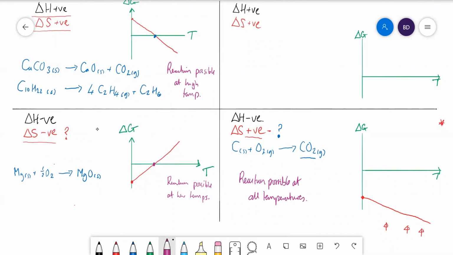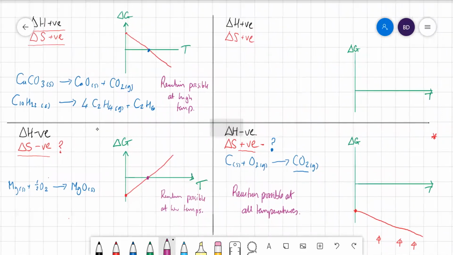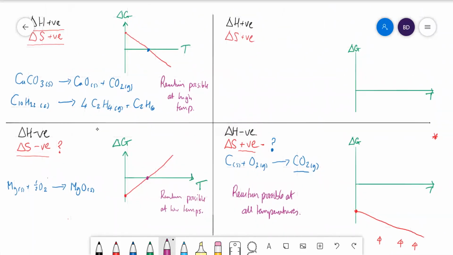Right, now the last quadrant, which we haven't done yet, is delta H positive and delta S negative. The intercept is positive because delta H is positive.